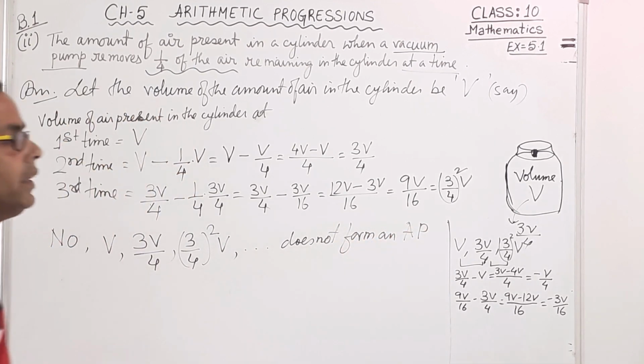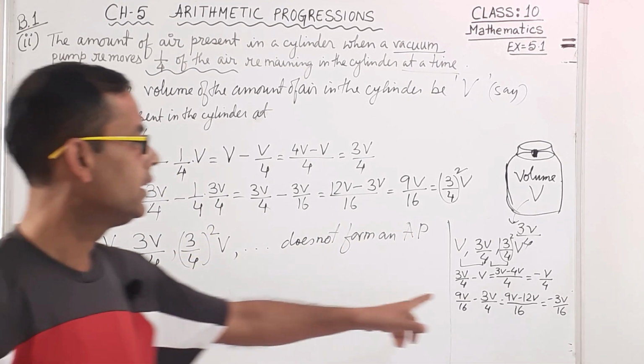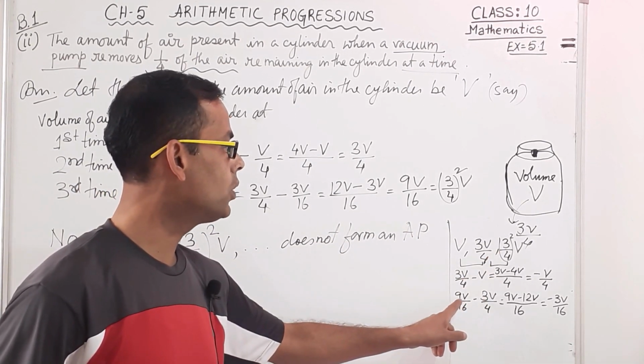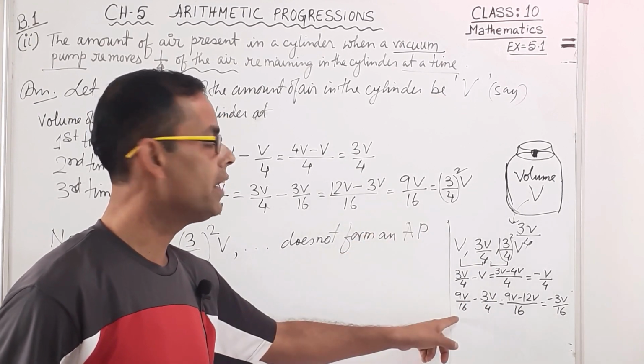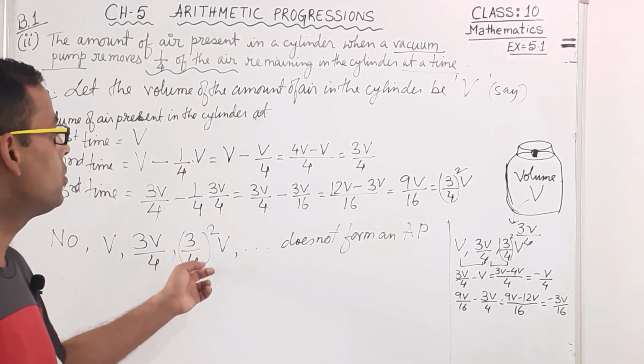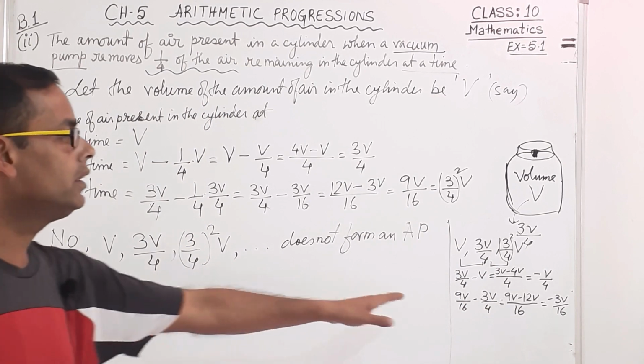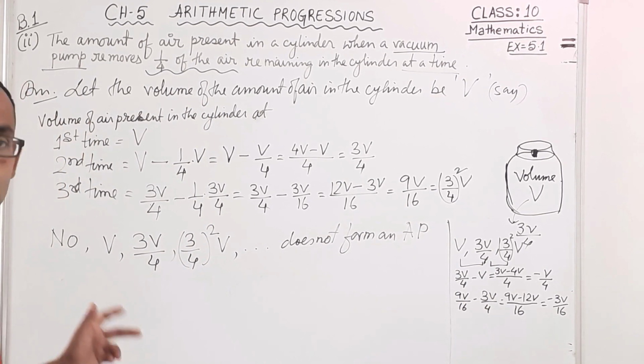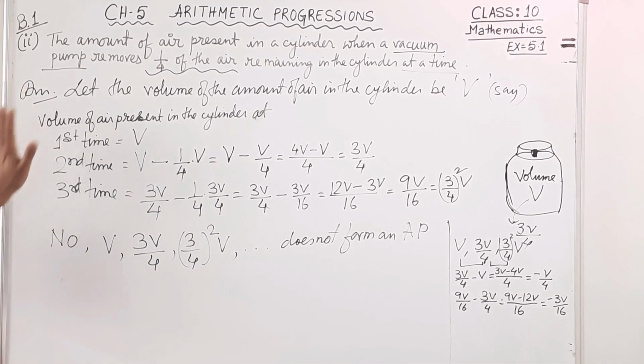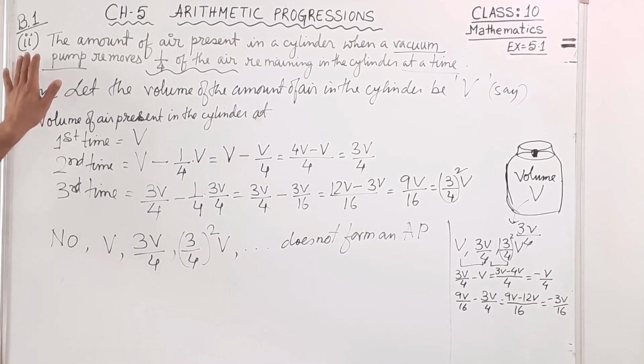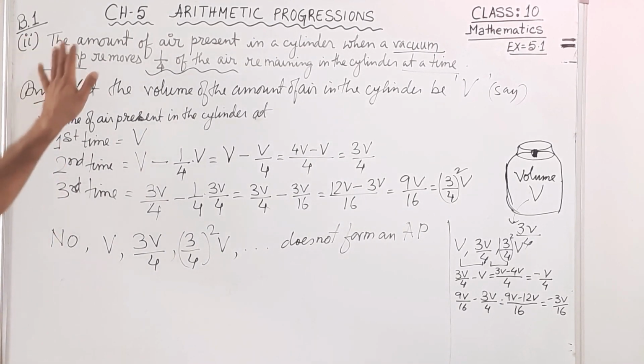Clear? Here instead of 3 by 4 square, I wrote directly 9V by 16 because 3 by 4 square means 9 by 16. That's why, for doing the calculation quickly. So I think you have understood question number Roman 2, B1, Roman 2.